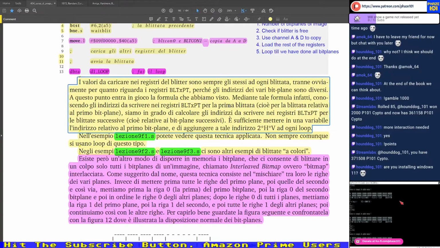When we are looping, we don't really change anything except the source and destination. We use the formula that we discussed above: when we are looping to go from one bit plane to another, we just add the bit plane size and we blit the next one.